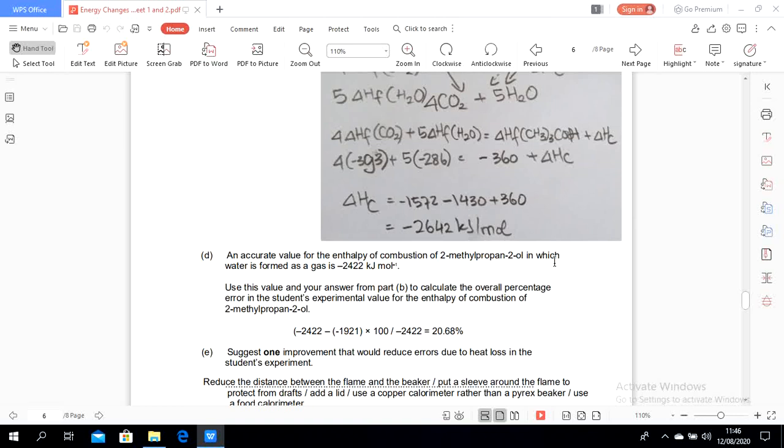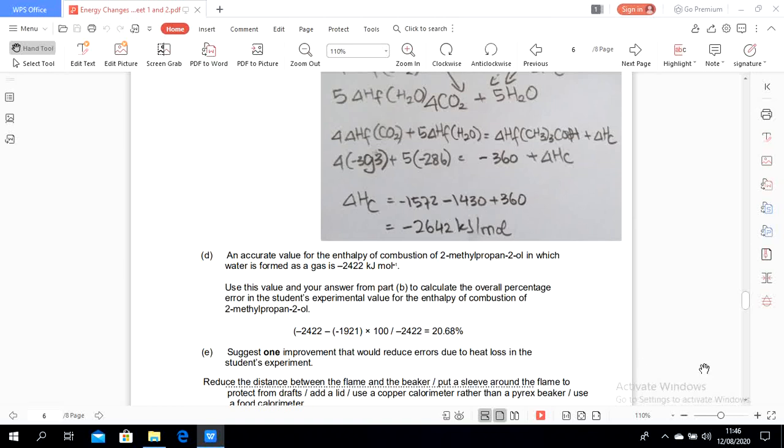If the error is quite big like this, there must be some discrepancy in the environmental conditions. Maybe at the time of the experiment the room temperature was around 30 degrees Celsius, or it was in a different condition, not at 25 degrees Celsius and not 1 atmospheric pressure.